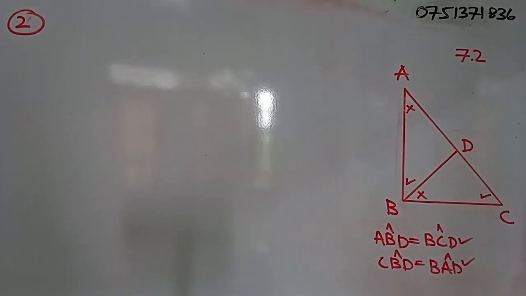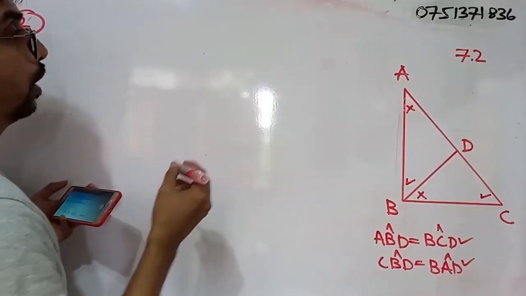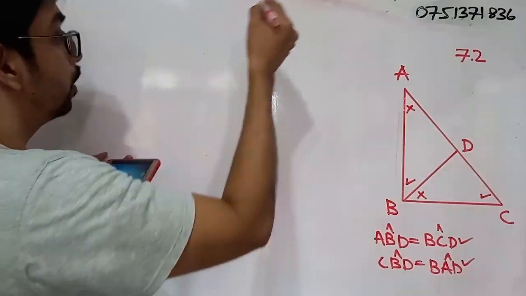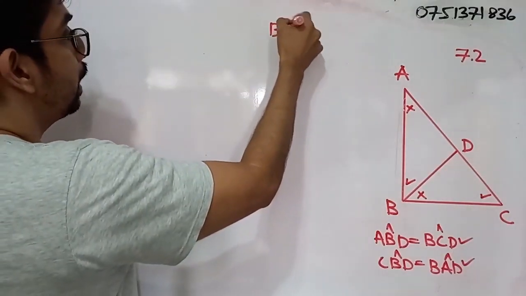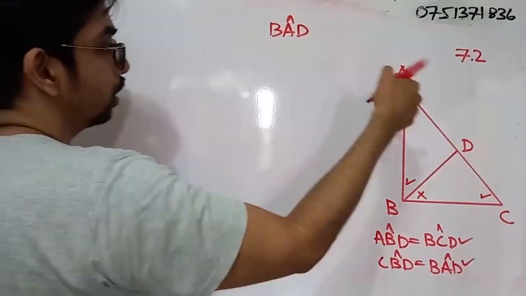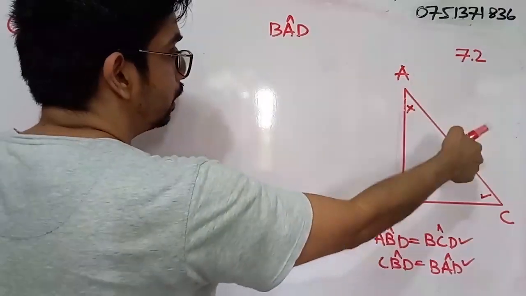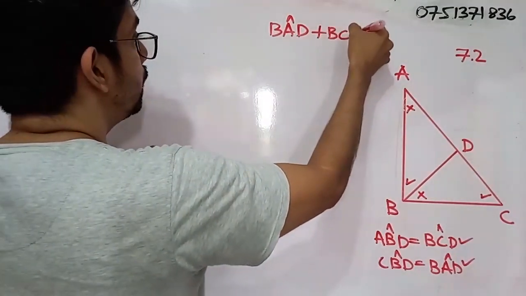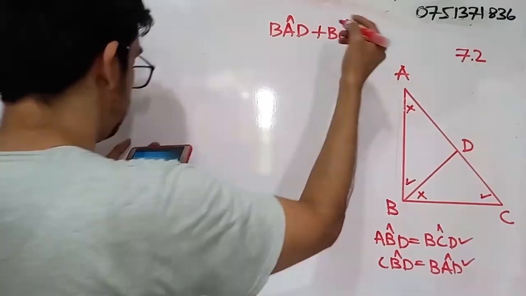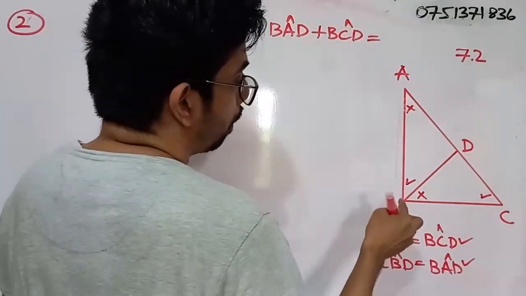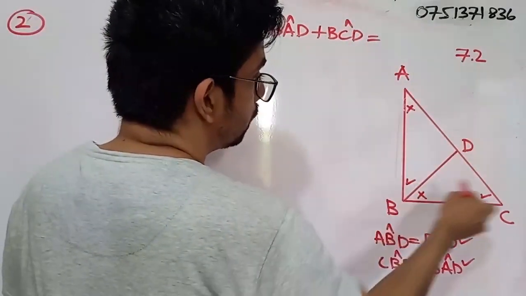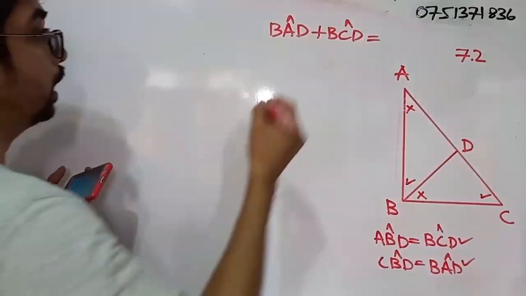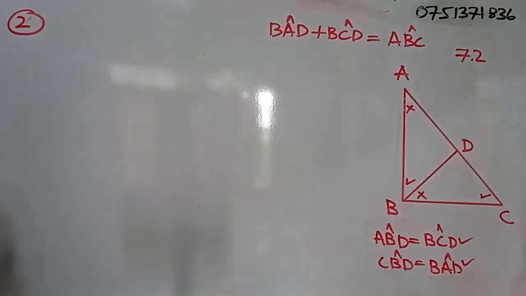So what are they asking? Show that BAD plus BCD is equal to what? ABC.